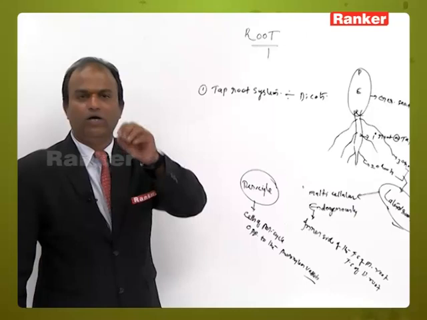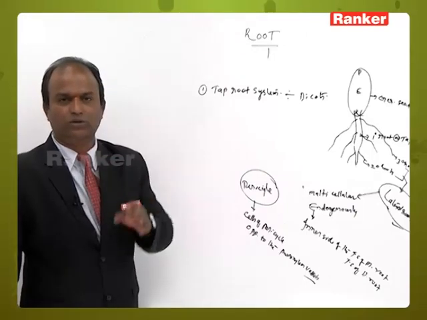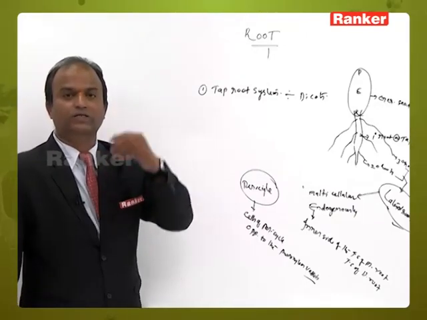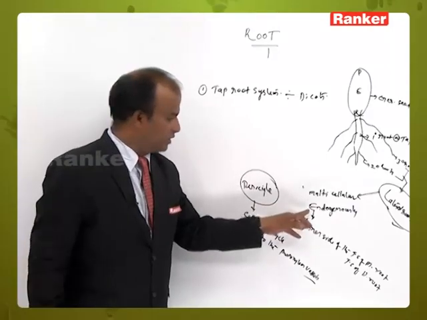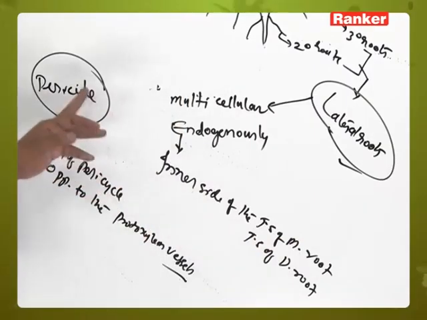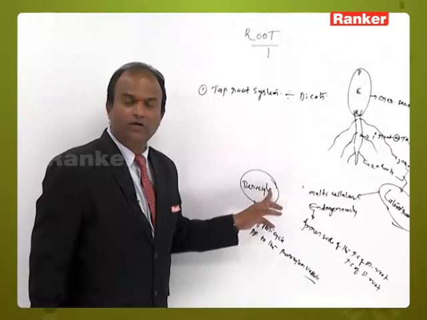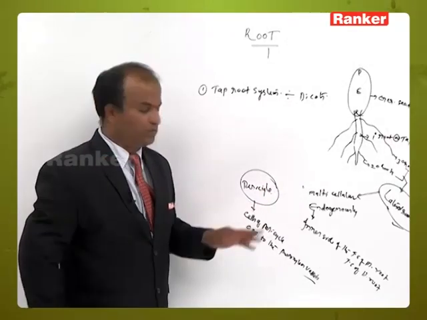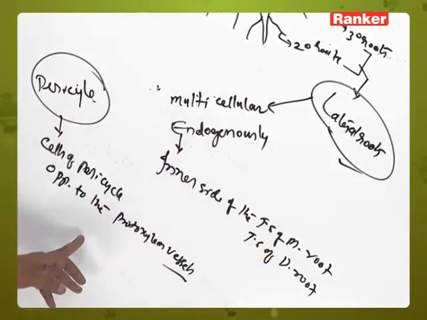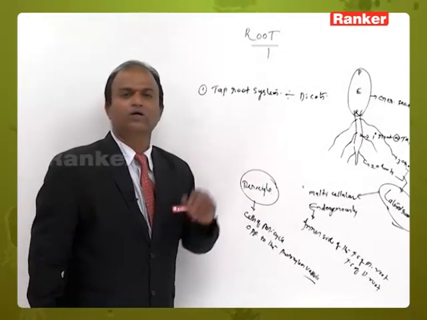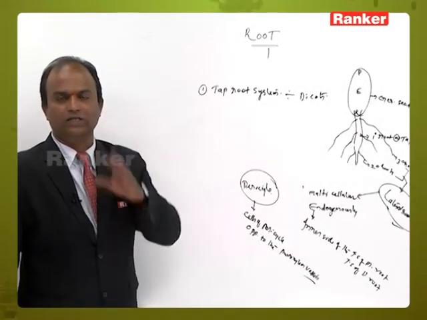That means they develop from the inner side of the root, from the cells of the pericycle exactly opposite to the protoxylem vessels.